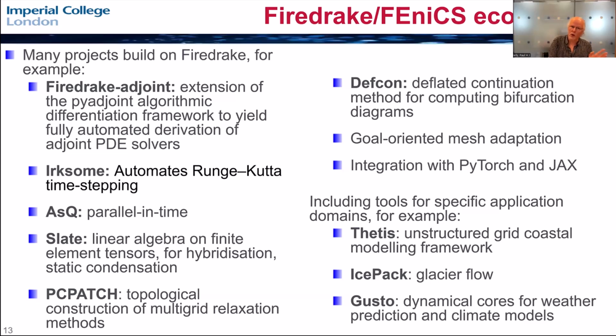Or solving for the initial conditions, for example, for a flow behavior that you've observed. And indeed, we have further work that plugs this into PyTorch and JAX, exploiting this capability to do automated, integrated learning of material properties, for example, where we have a neural network that characterizes the way steel bends or something like this.